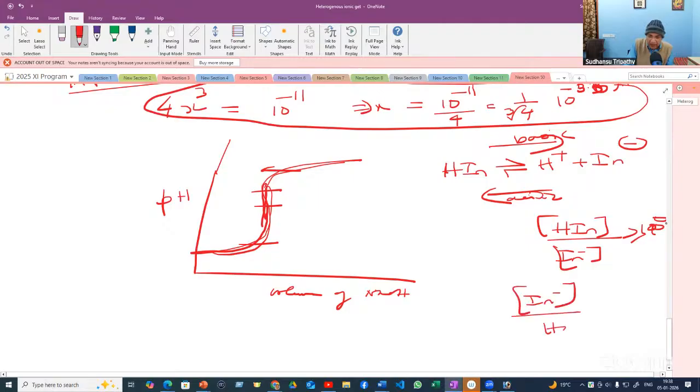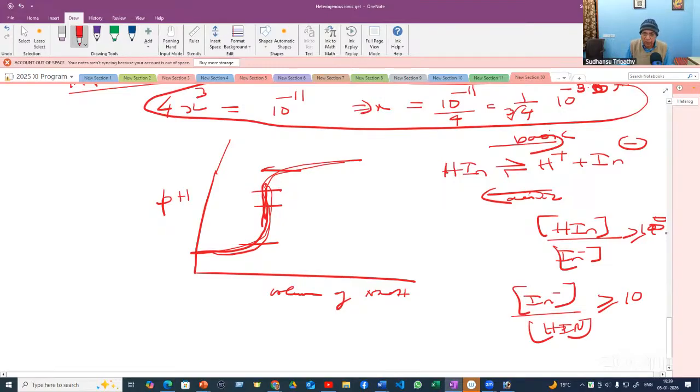And if it is 10 times greater, the In minus intensity is much greater, therefore it needs only 10 times more. But for HIn, it needs 100 times more. Then you get the In minus color predominating, HIn is masked.